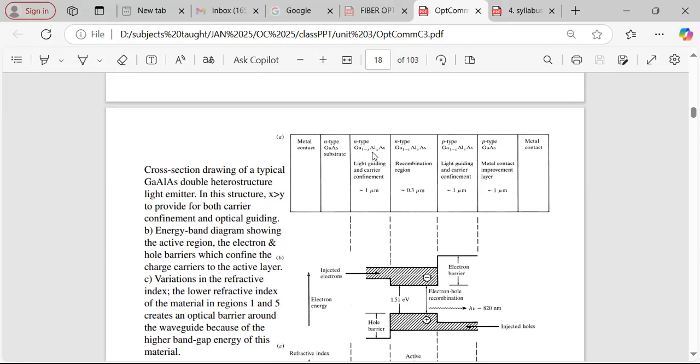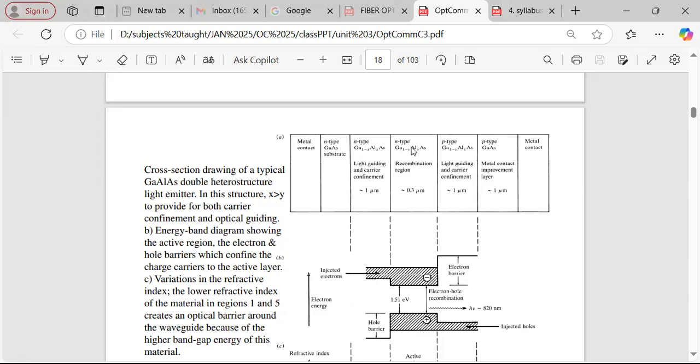Here x is the mole fraction of this particular atom. The width is about 1 micrometer, and this layer is responsible for guiding the light and carrier confinement. Majority or minority carriers are confined in this portion.